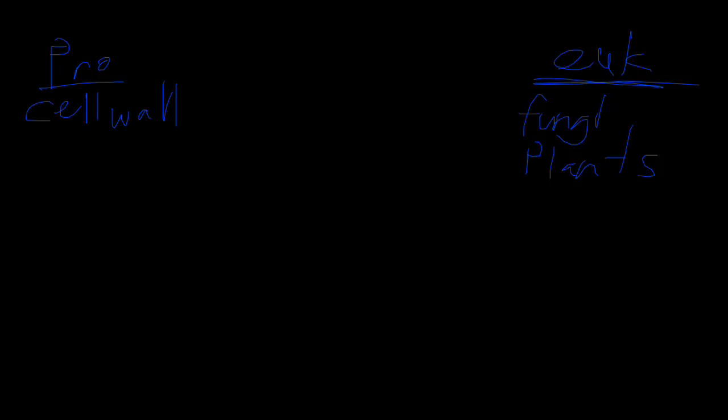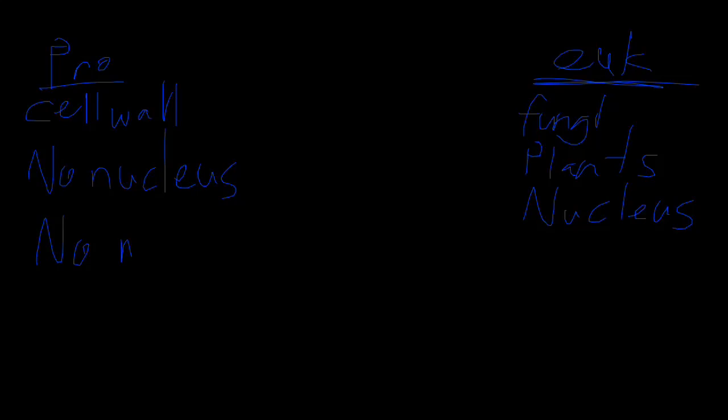There's going to be no nucleus in prokaryotes, whereas eukaryotes will have a nucleus. And finally, prokaryotes will have no membrane-bound organelles, whereas eukaryotes will have many membrane-bound organelles.